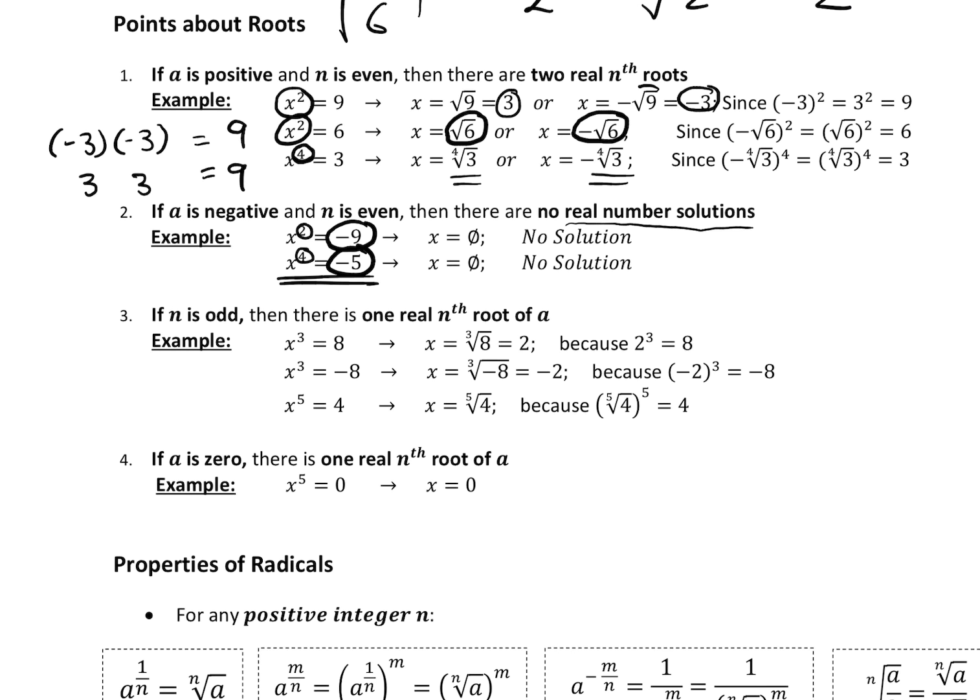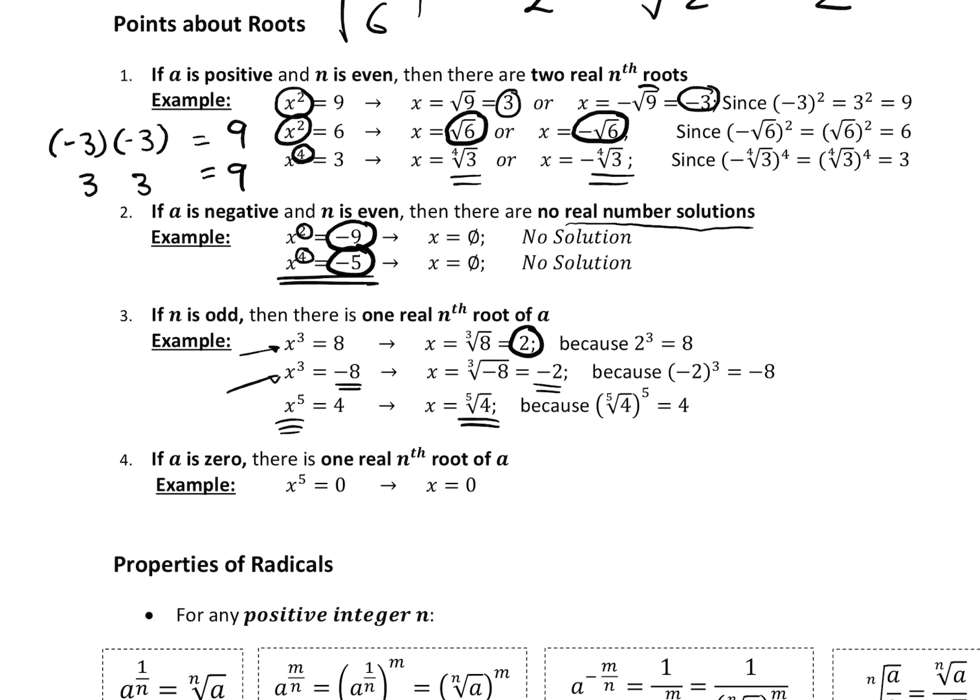You most definitely can. You have the cube root of 8. You only have one answer though, right? 2. Not plus or minus 2, because negative 2 times negative 2 times negative 2 is a negative answer, which is why you do have a cube root of negative 8, and it's negative 2. And you do have a fifth root of 4.